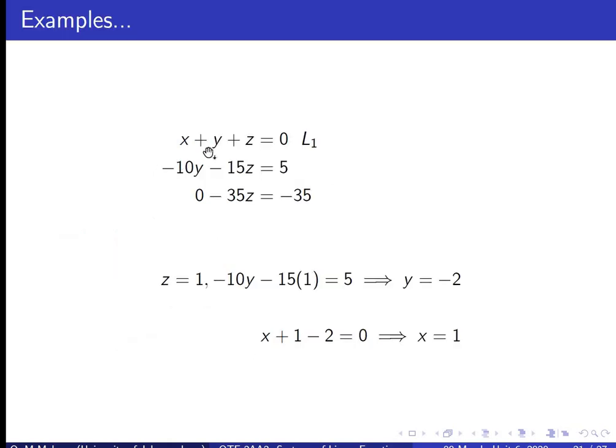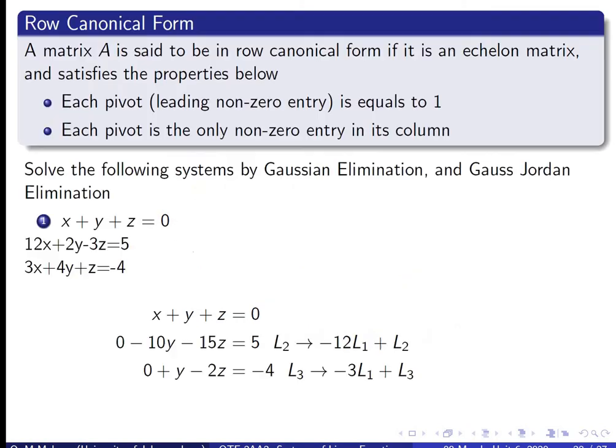So once our system is in this form, we have -10y minus 15z is equal to 5. So it means that we multiplied the third equation by 10.